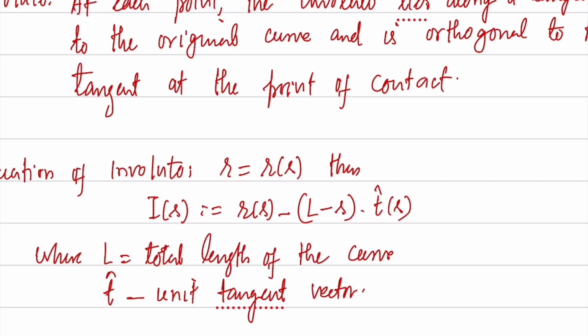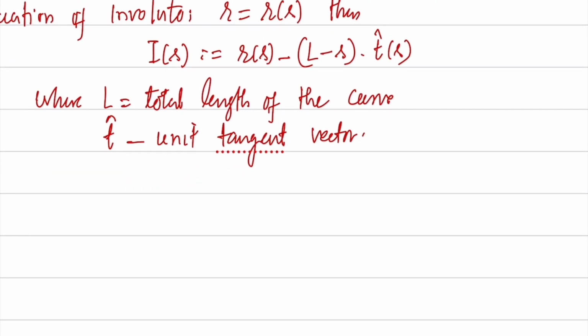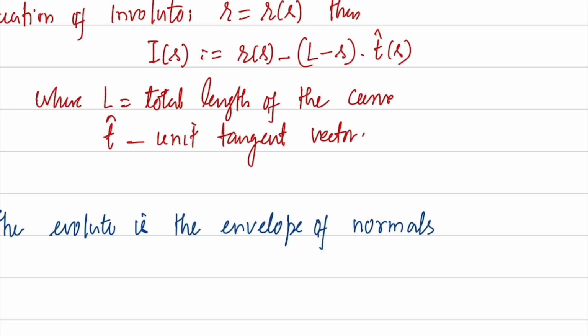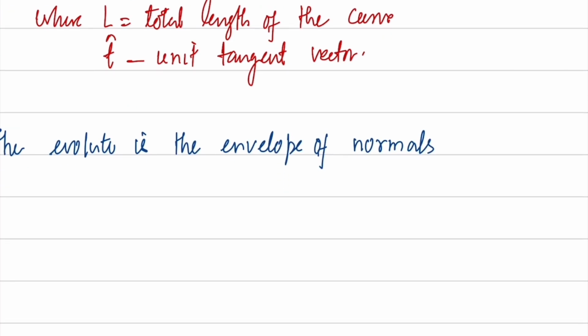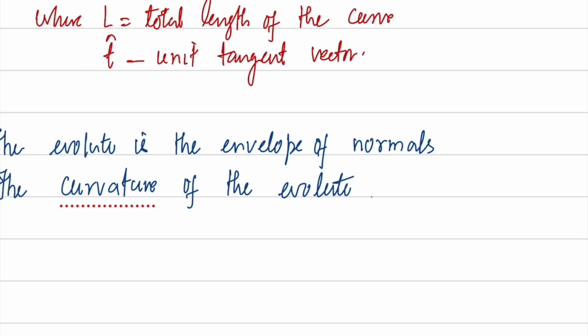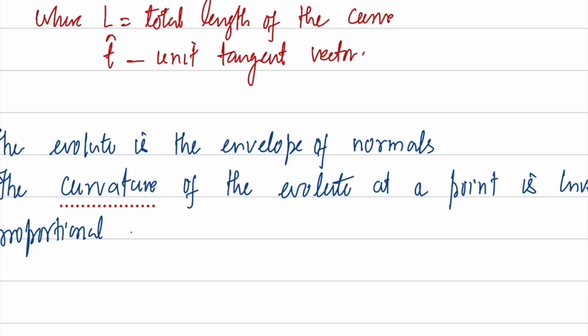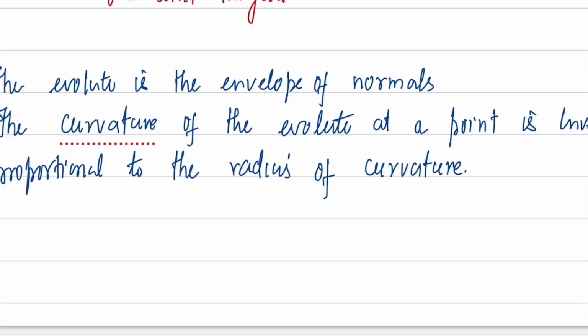Now here we mention certain properties. The first property is that the evolute is the envelope of normals. Second, the curvature of the evolute at a point is inversely proportional to the radius of curvature. Similarly, tangents to the involutes are normals to the evolutes.